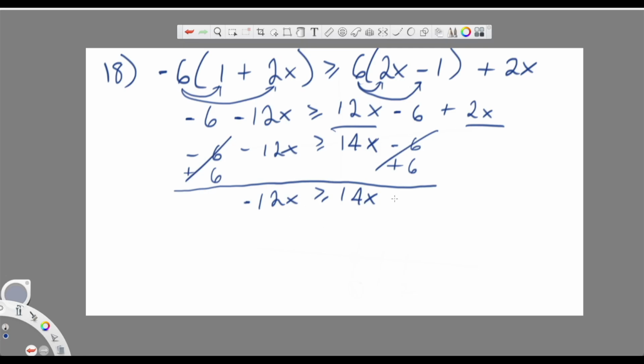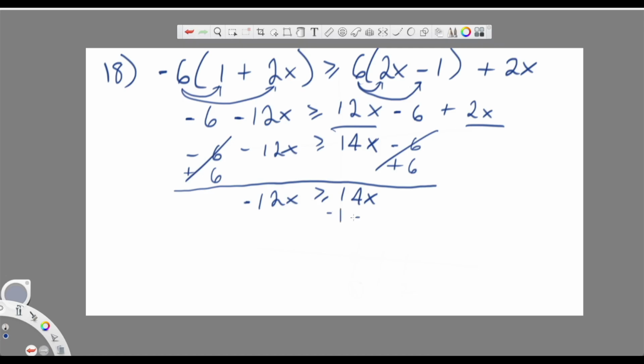Now this looks really confusing because you have x on one side and x on another side. You don't have 14x plus 2. So visually, this looks very unfamiliar and very foreign, but all you have to do is follow the rules of algebra. If you have x on one side of the equation and x on another side of the equation, you have to get rid of one of them.